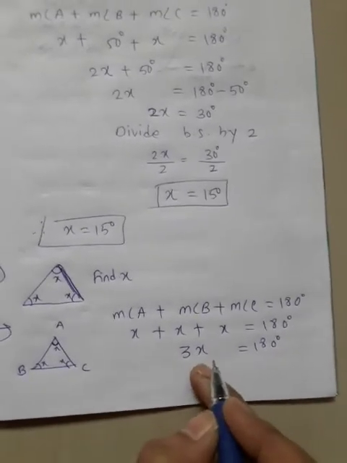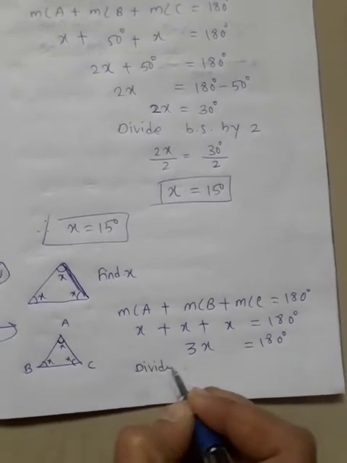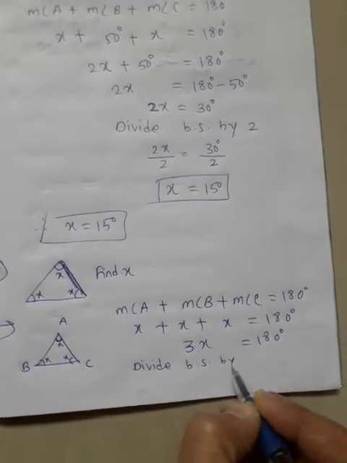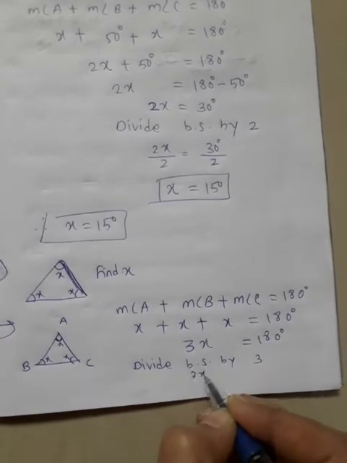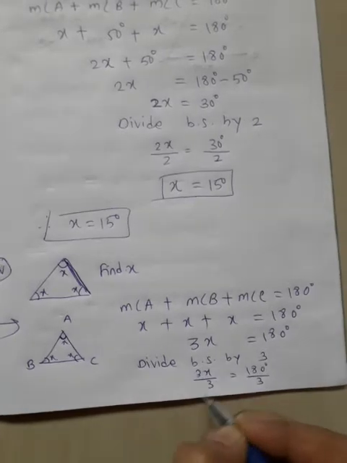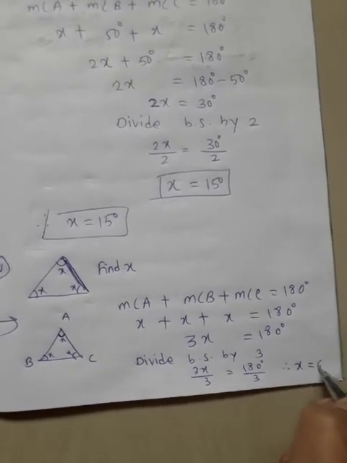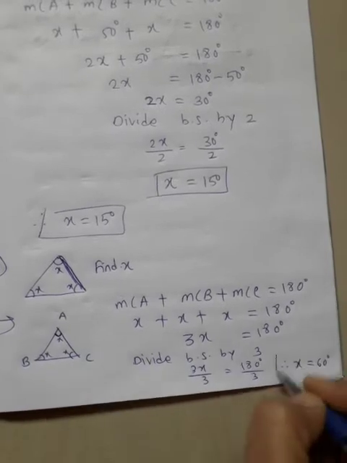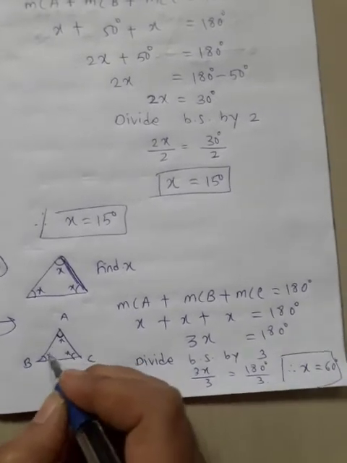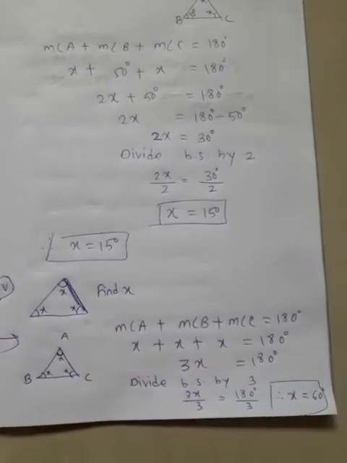To get x alone, we divide both sides by 3. What it gives? 3x upon 3 is equal to 180 degree upon 3. 3 gets cancelled, therefore x is equal to 60 degree. Here 180 upon 3 is 60 degree. So here measure of each angle is 60 degree: 60, 60, 60. Okay, now see the next example.